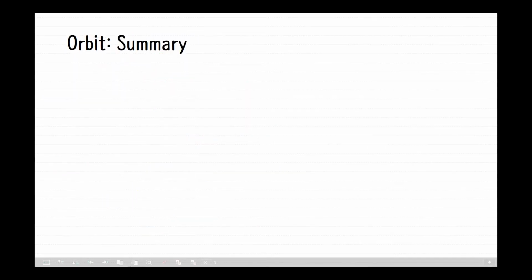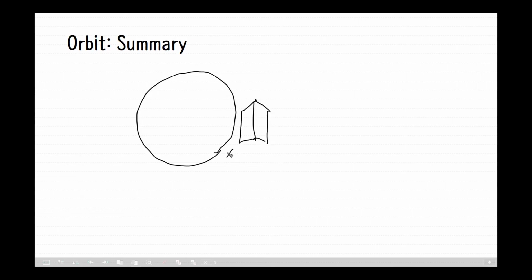Okay, this is the last clip of Orbit, and we are now going to summarize Orbit by drawing the orbit as an easy diagram. Like this, we draw a big circle, and this is the nasal bone, and probably this is the maxilla. There may be an anterior nasal aperture.